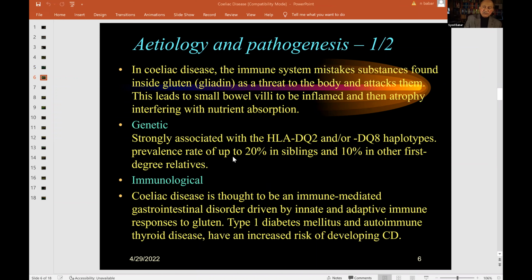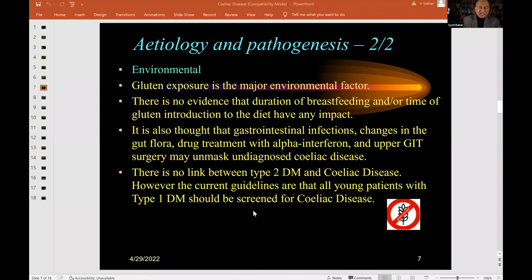And the etiological factors include a trigger from gliadin, could be genetic in siblings or first degree relatives, could be immunological by association with other autoimmune diseases such as diabetes type 1 and thyroid disease or Hashimoto's.